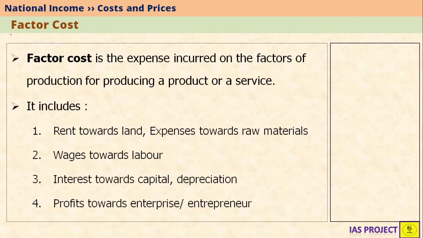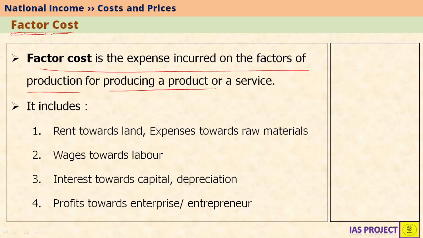So let's talk more about cost. Since cost is the expense which is incurred on the factors of production, it is also called as factor cost. So as we have seen, factor cost is nothing but expense incurred on factors of production, and that expense is incurred because we want to convert raw material or a resource or an input into a product or a service.